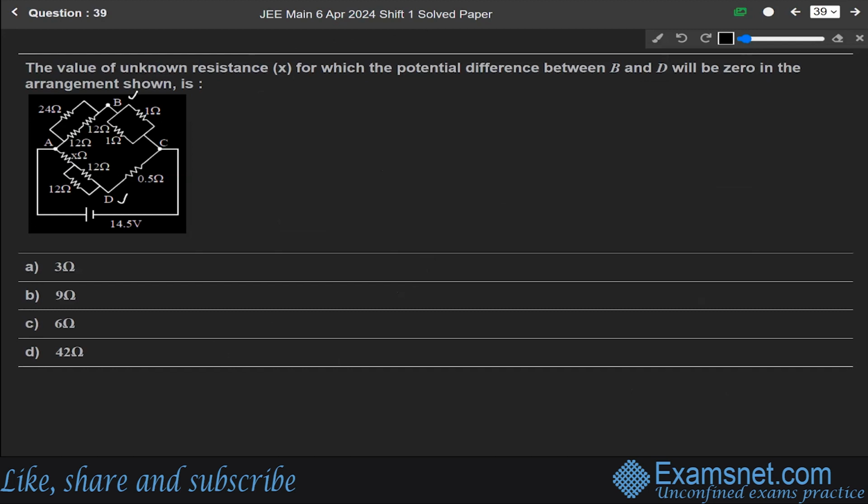This question is from the chapter of current electricity. This is the circuit diagram, and we have to find the value of the unknown resistance X when the potential difference between B and D is 0.